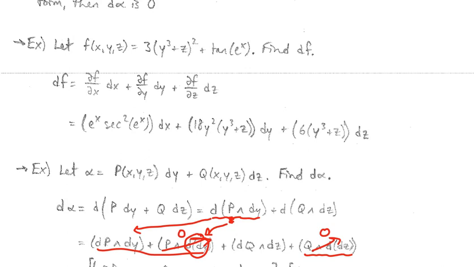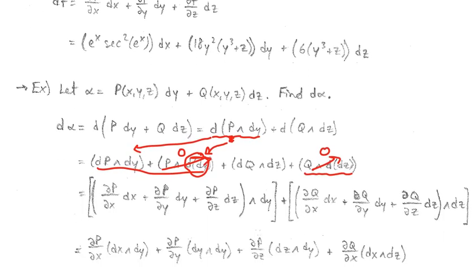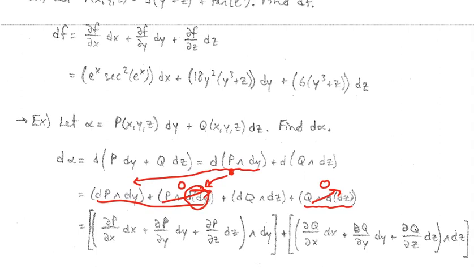So we're left with the dp times dy plus the dq times the dz. We're going to take the differential of these 0 forms p and q, and when we do that, we get our next line down here. We get partial of p with respect to x times dx, plus the partial of p with respect to y times dy, plus the partial of p with respect to z times dz, all that times dy.